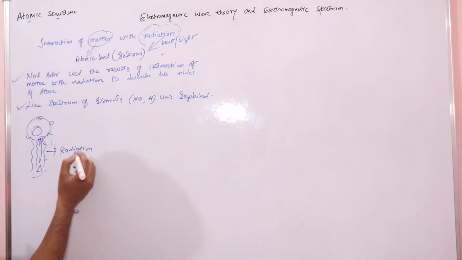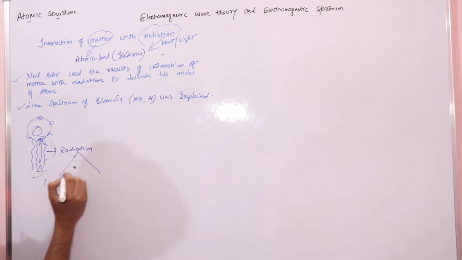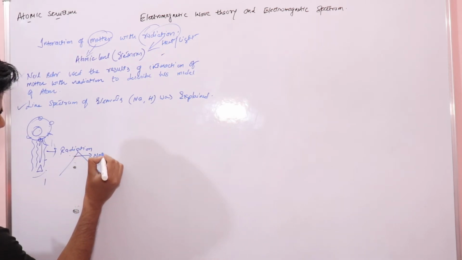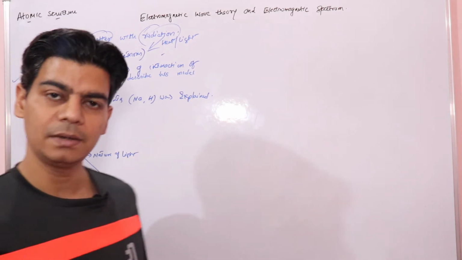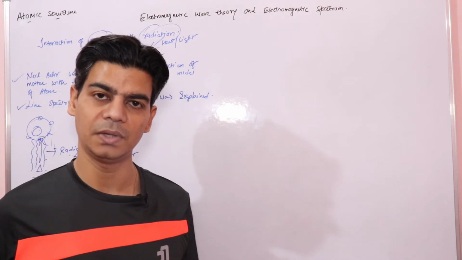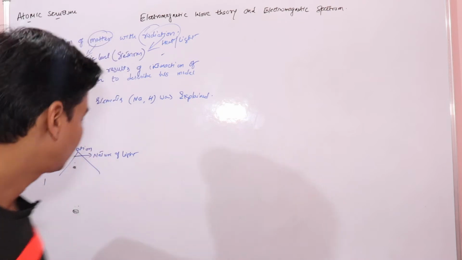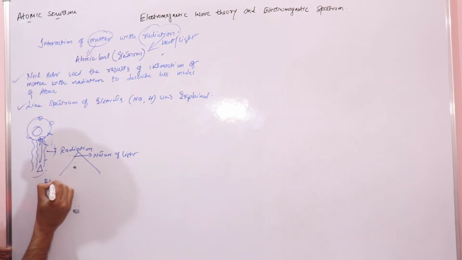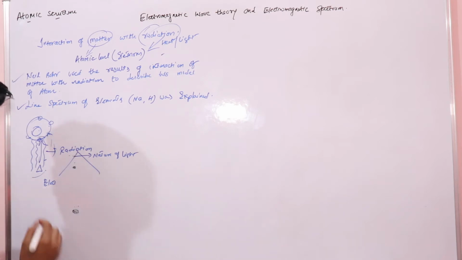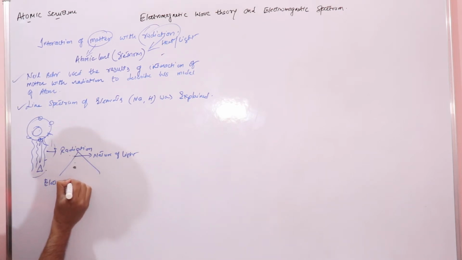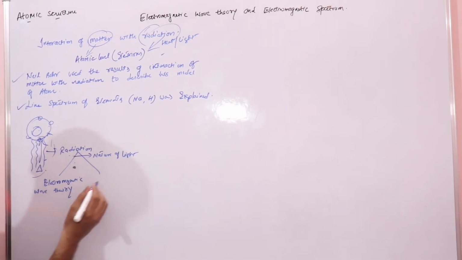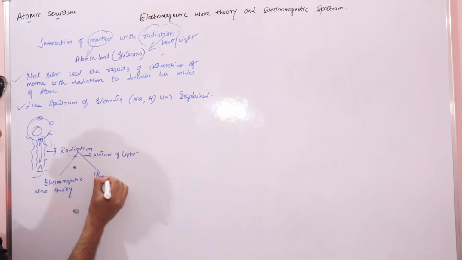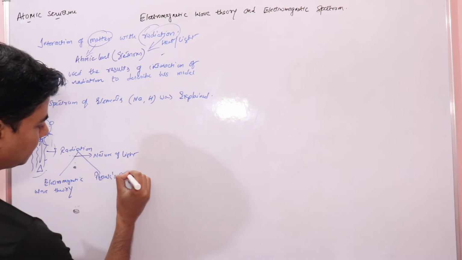The nature of light was explained based on two theories. First is the electromagnetic wave theory, and second is Planck's quantum theory.